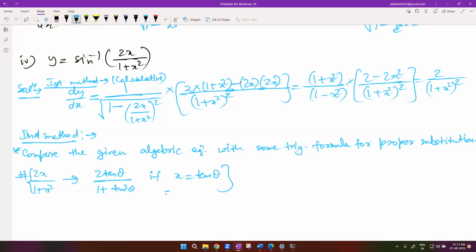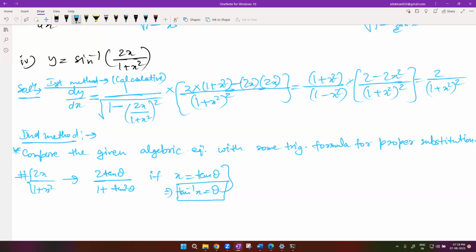Because from this expression only, if I take tan from the right hand side to the left hand side, it will become tan inverse x equals theta. So finally, I will replace theta with tan inverse x. But for now, because the whole expression simplifies to a very simple thing, I'm just replacing x with tan theta in this expression, sine inverse of 2x upon 1 plus x square.